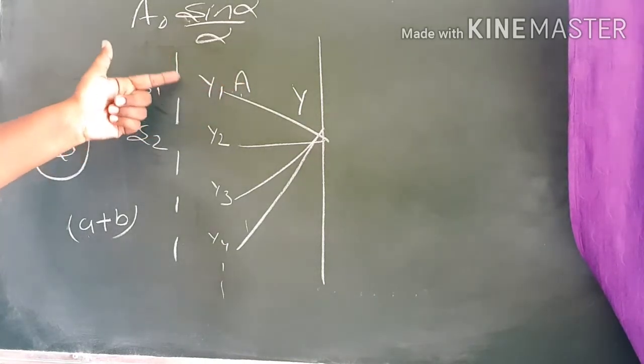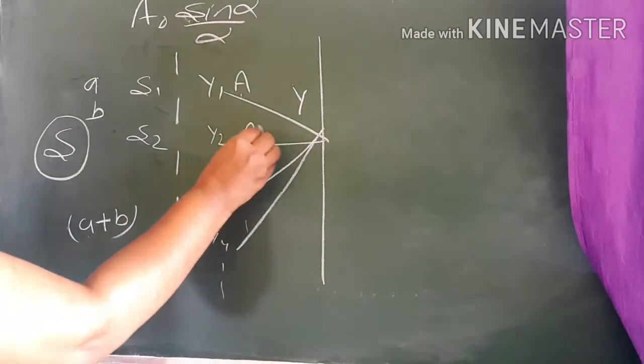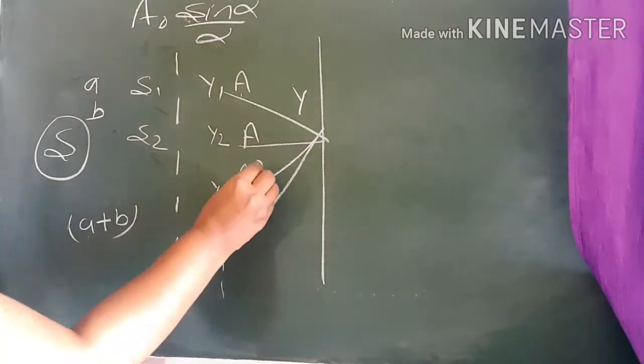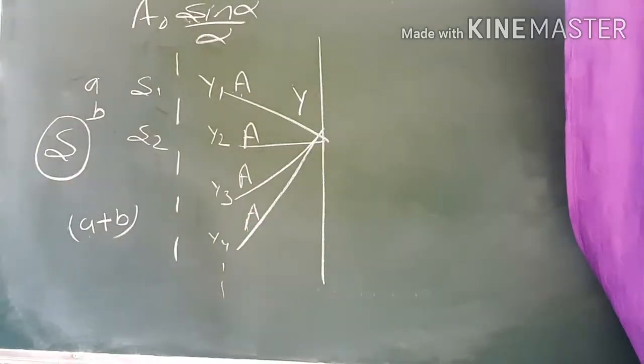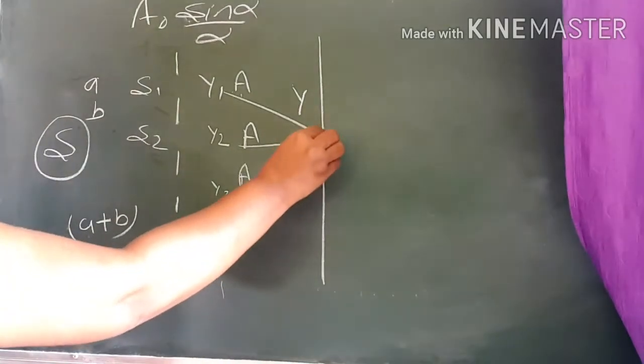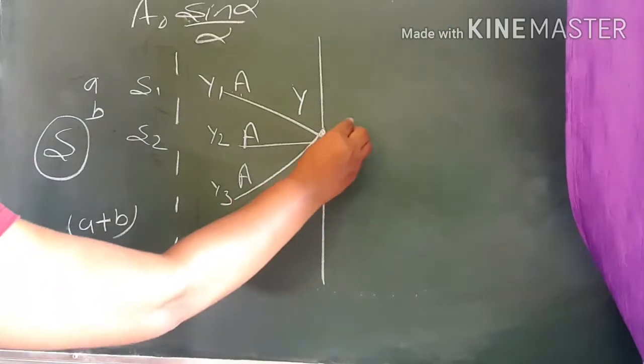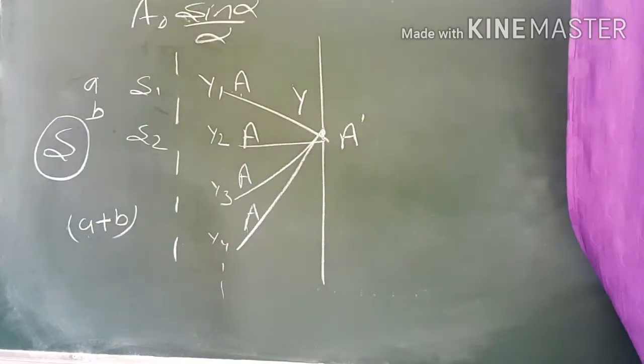So the amplitude of this is also A. We have to find the resultant amplitude. Suppose this is A dash. We have to find this amplitude now.